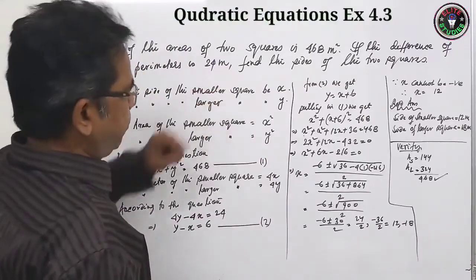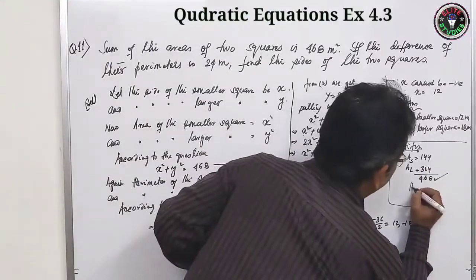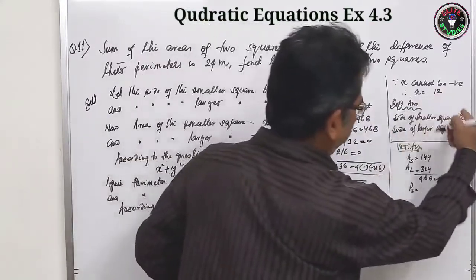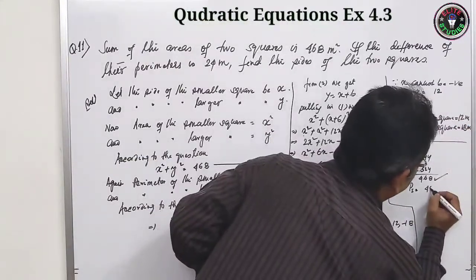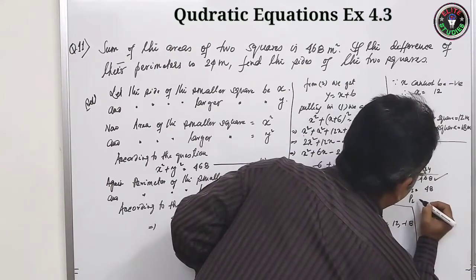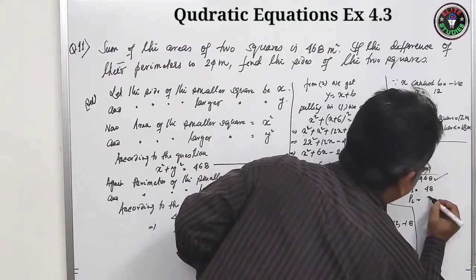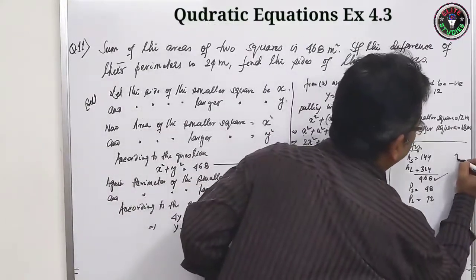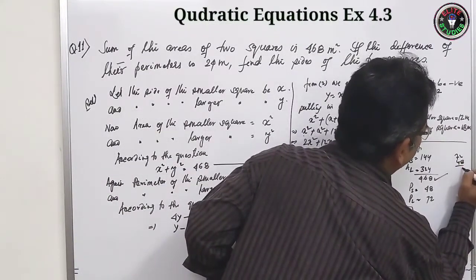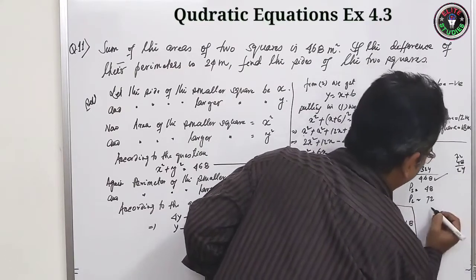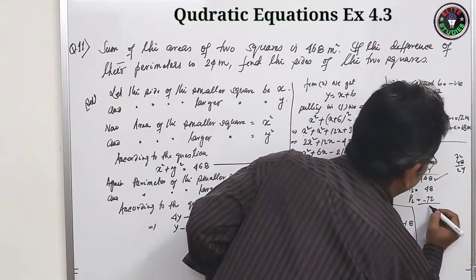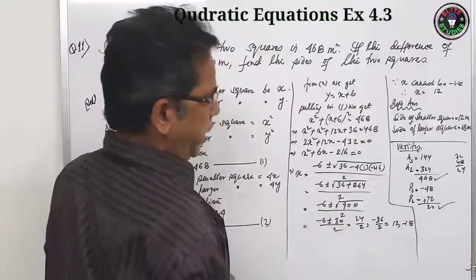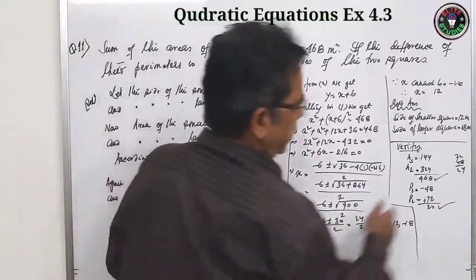Now in the second case, the perimeter: the perimeter of the smaller square is 4 into 12, 48 meter, and the larger one will be equal to 4 into 18, 72. If you subtract 72 minus 48, it is 24. So this is also correct. So our answer is correct.